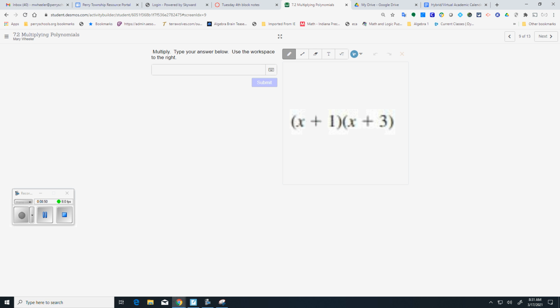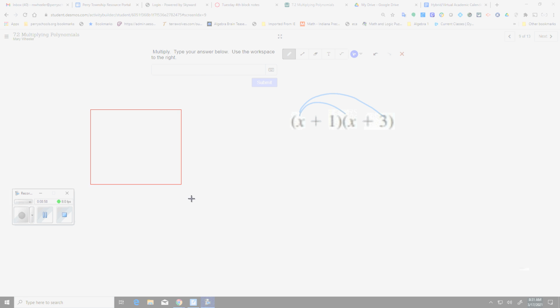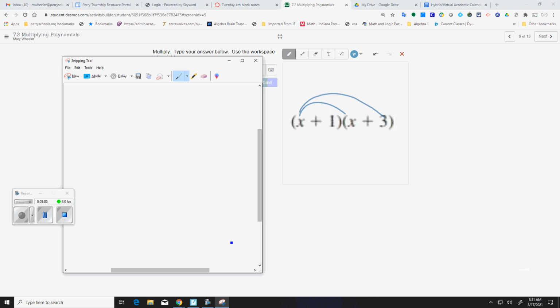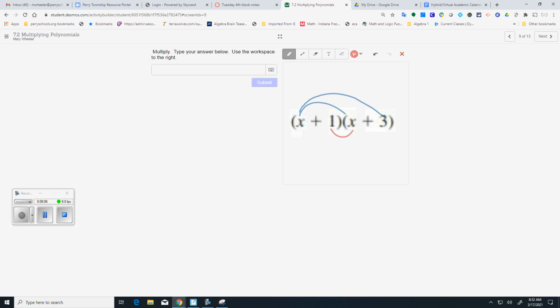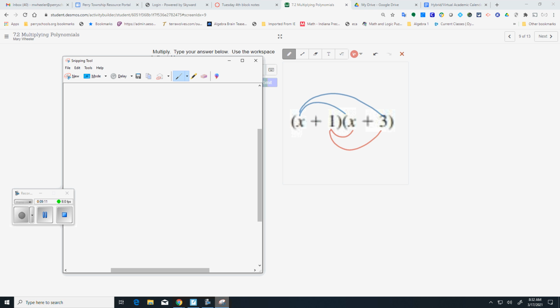So then we're going to multiply this one out. So then we take our x times our x, and we get x squared.